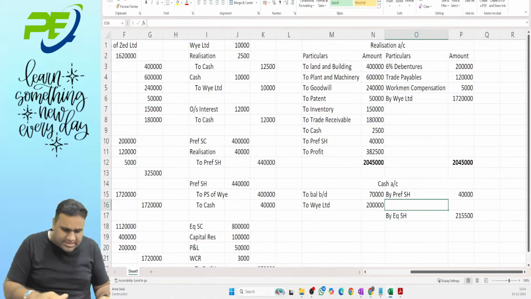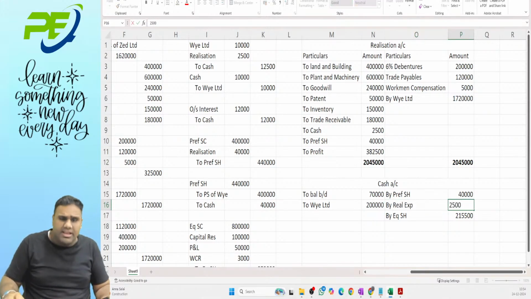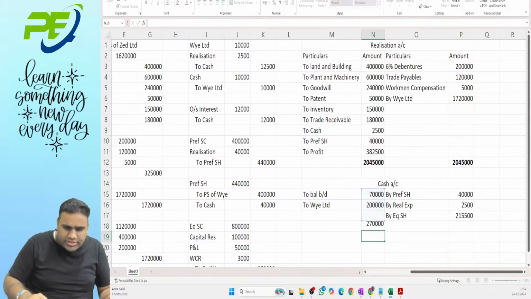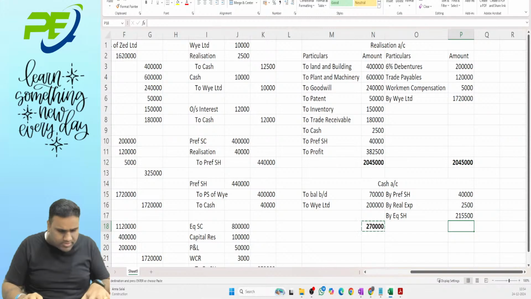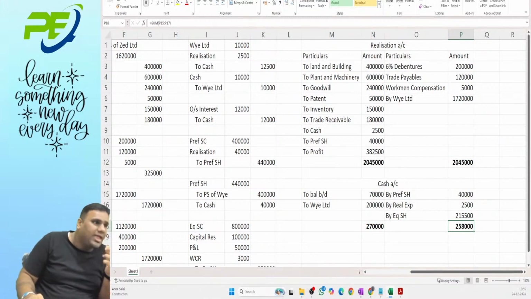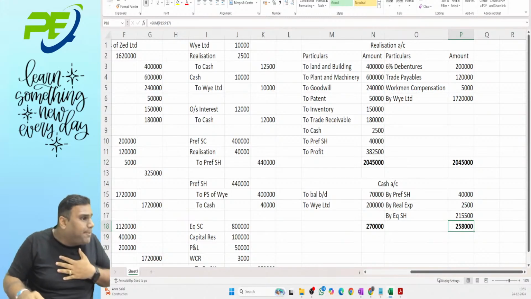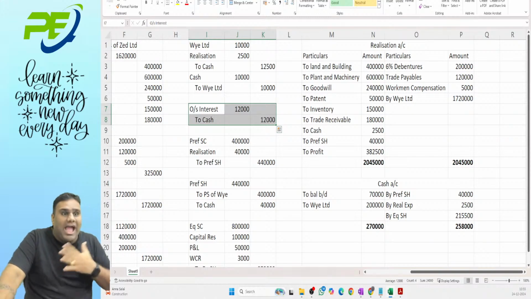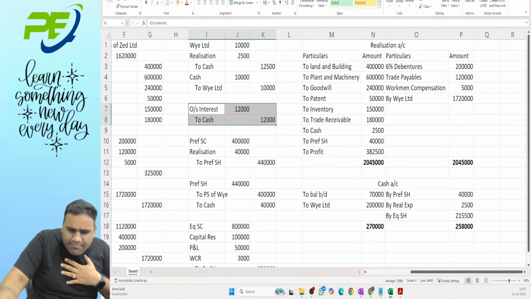Very good. Realization expense 2,500. 10,000 we paid, but we got it back. And now you say, check, there is a 12,000 difference. Where, how? Outstanding interest we have paid. Check here, everyone, this entry. Purchasing company has paid.